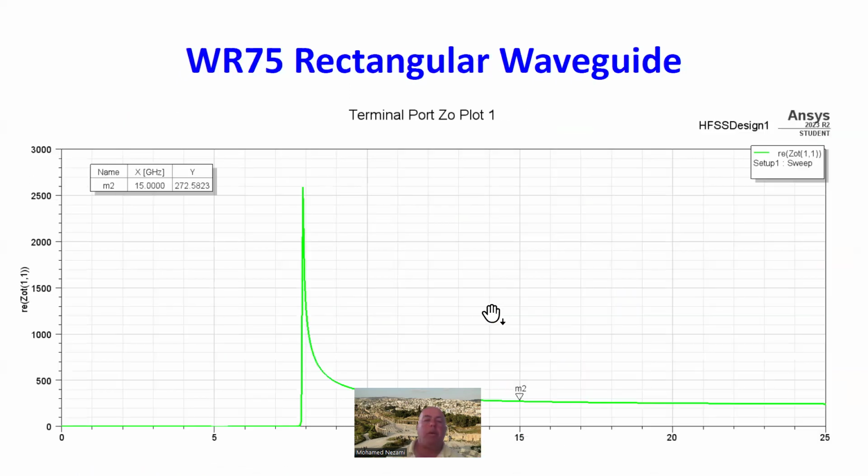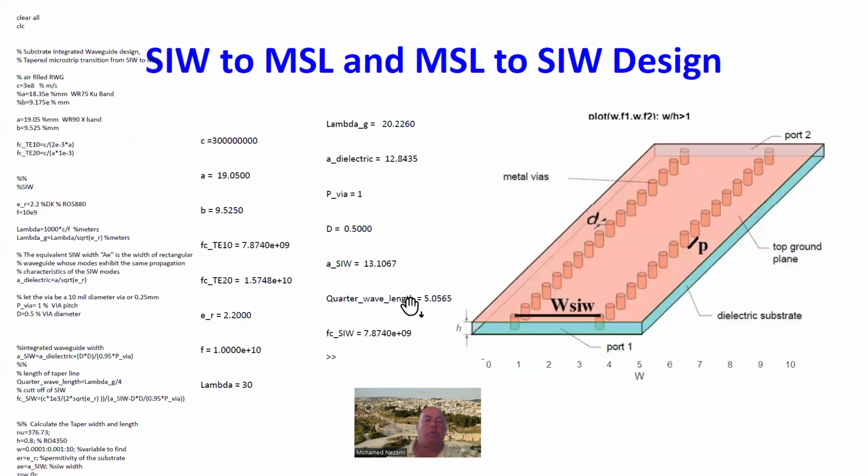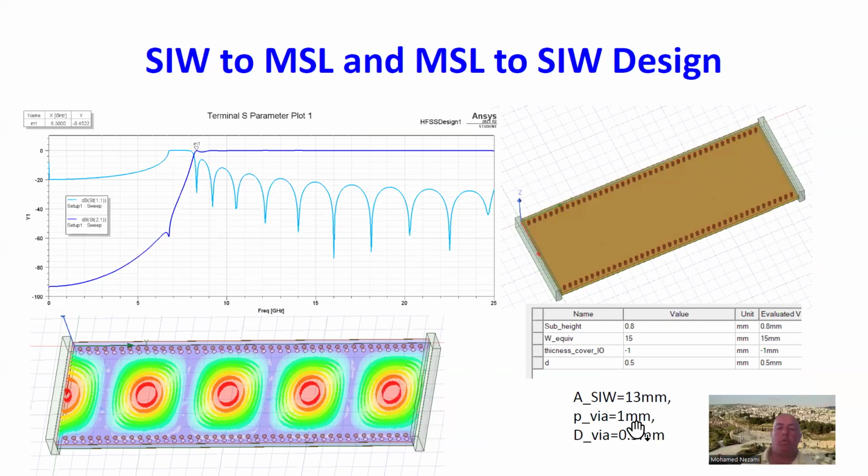Okay, and so in this case, I use 13 millimeters, and the pitch factor in this case was 1 millimeter, which is the distance between these vias, and the diameter of the via I chose as 0.5 millimeter.